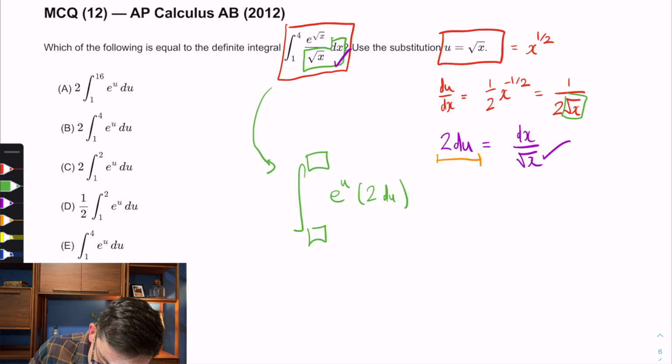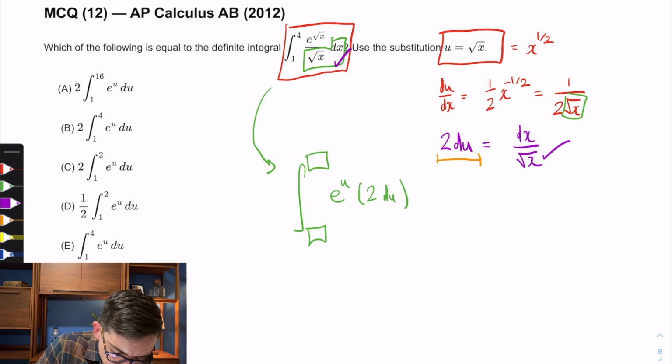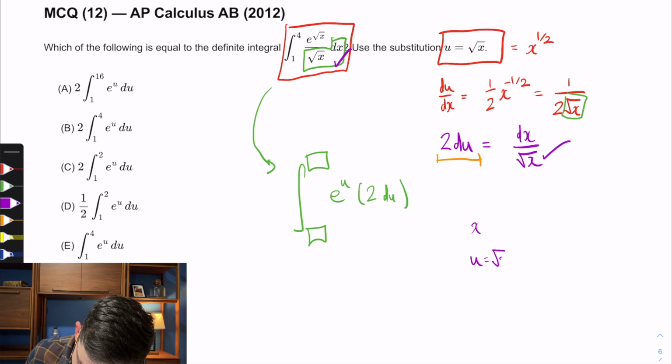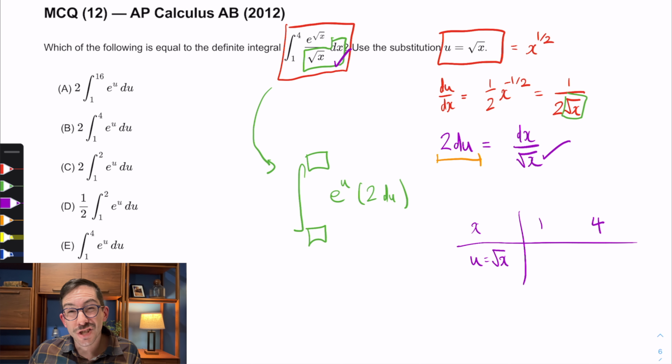The last thing I haven't talked about yet is the limits of the integral. We need to remember to change those. The 1 and the 4 are the limits in terms of the x variable. We need to convert to being in terms of the u variable. So you can maybe do this in your head, but it's sometimes nice to throw down a wee table. So when x is 1 or 4, u is just the square root of x.